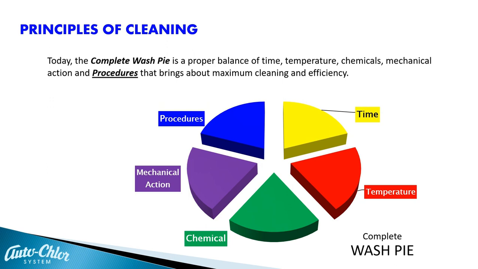We've come up with the complete wash pie. The complete wash pie adds a 5th element: procedures. As we learned over the years, time, temperature, chemical, mechanical action all do a great job. But if the customer has poor procedures, then we still have a very bad balance for cleaning results.